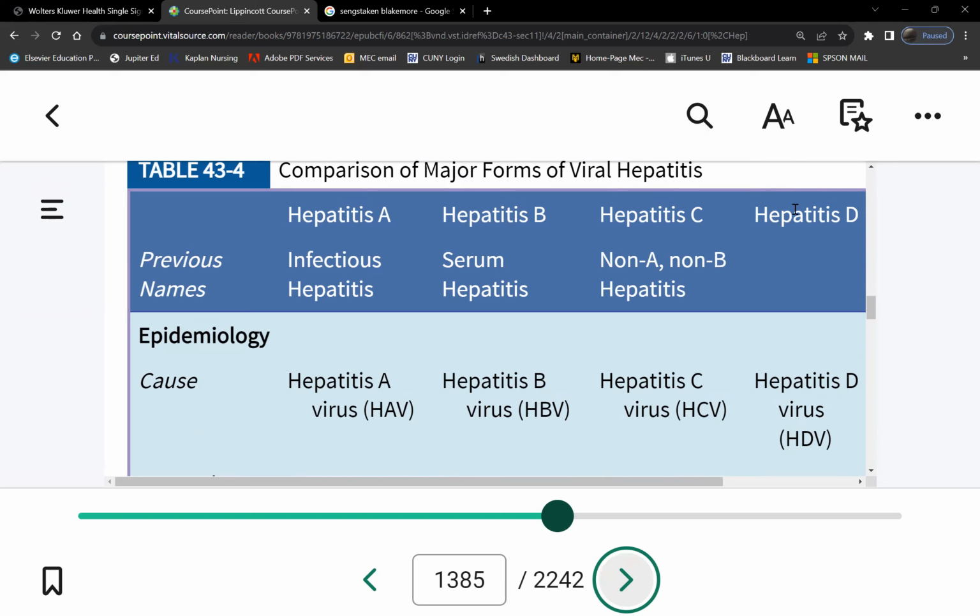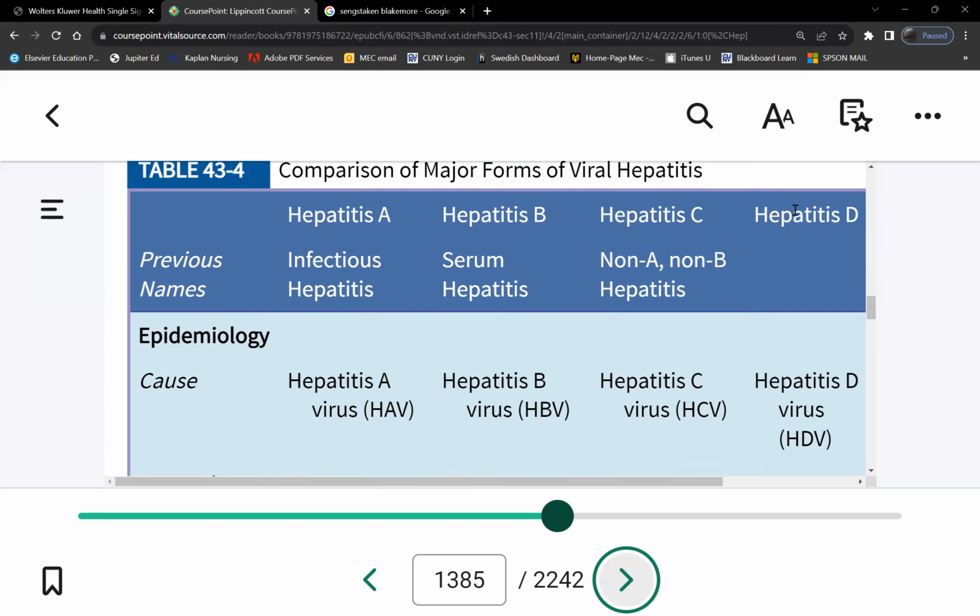So if you're exposed to D, you can't get it unless you already have the B, because otherwise it's not capable of entering the cell. You need B to get D. So even if you're exposed to D, you'll never get it unless you have B already prior. Obviously, there's no vaccine for C, right?